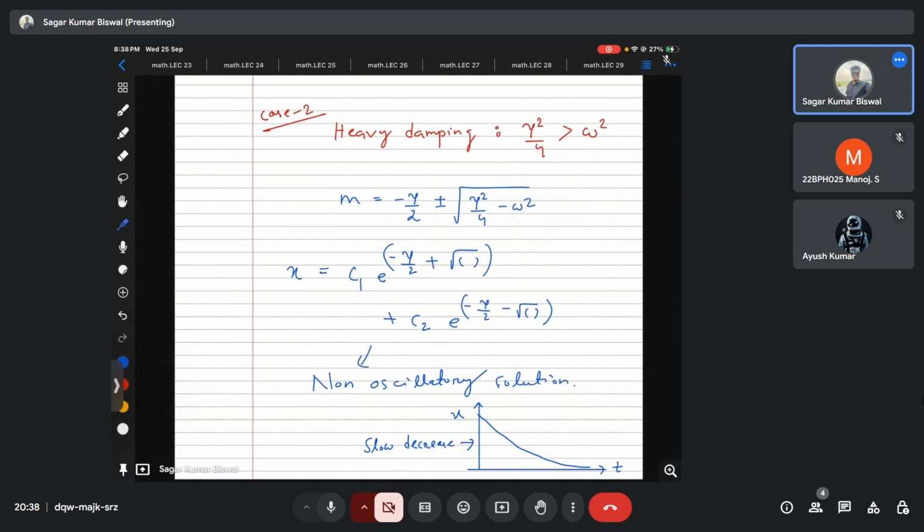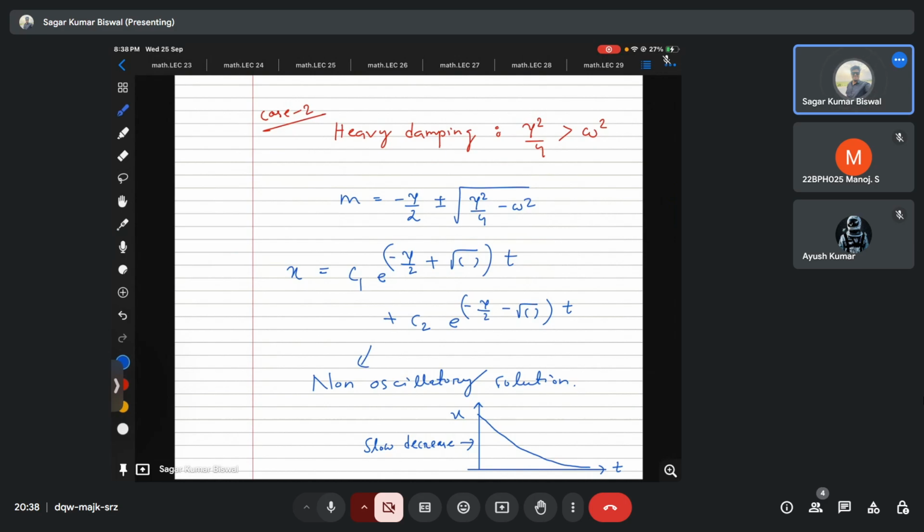Check the formula. There will be two terms.